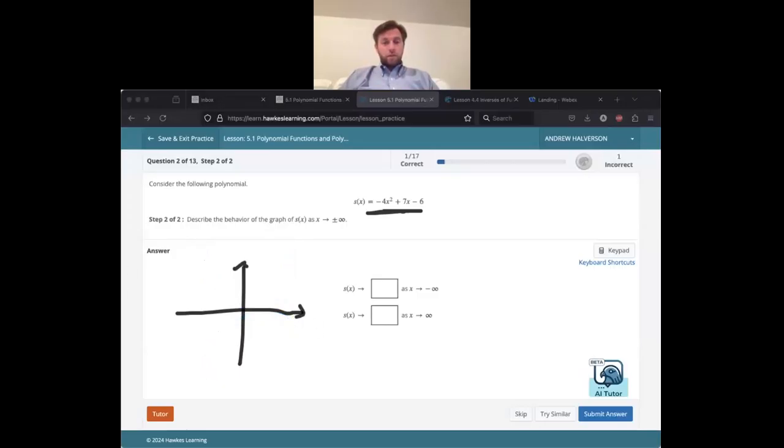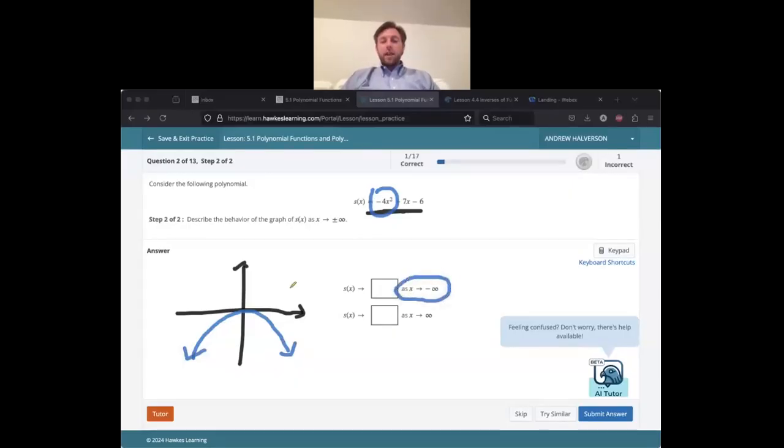I would say down because it's negative 4x squared. Yes. Okay. It's been a while since we've done that one, so I'm super impressed.